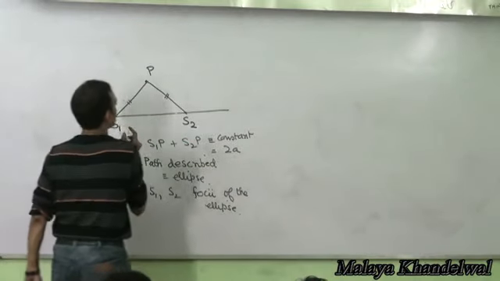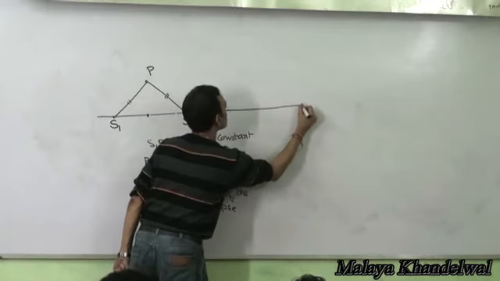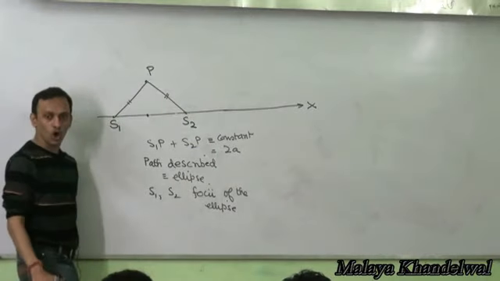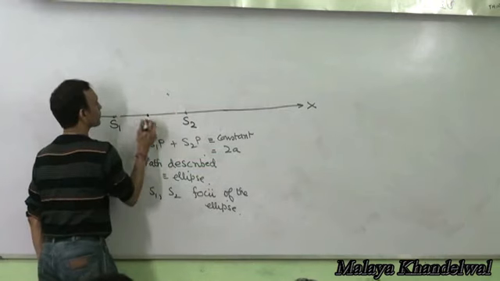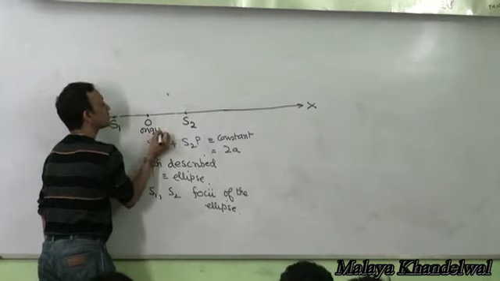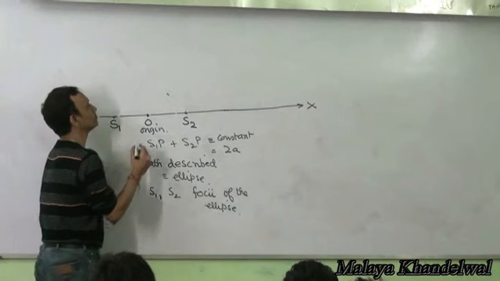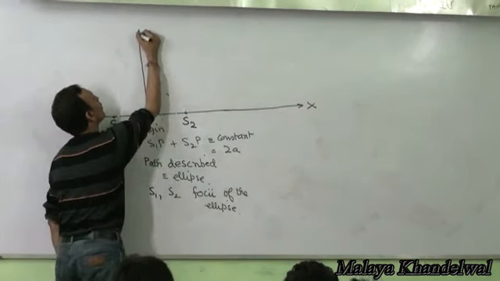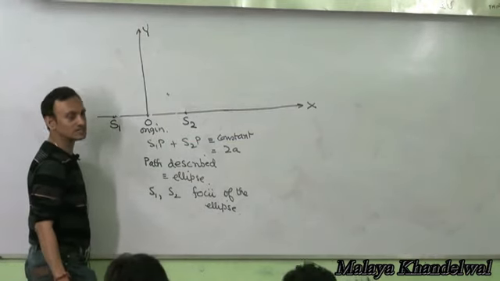Now, let's say I choose the x-axis along S1, S2, and the midpoint of S1 and S2 as the origin of coordinates. The y-axis would obviously be perpendicular to the x-axis passing through the origin. This would be the y-axis.